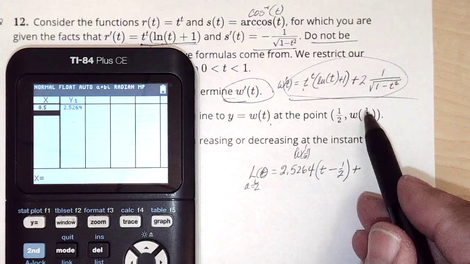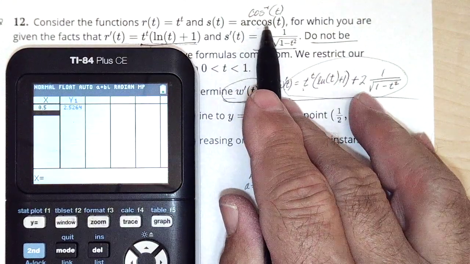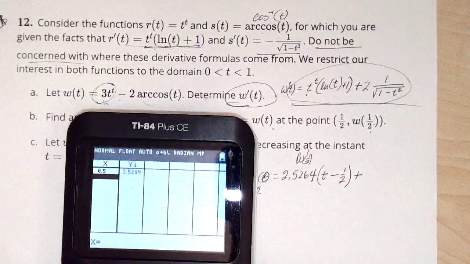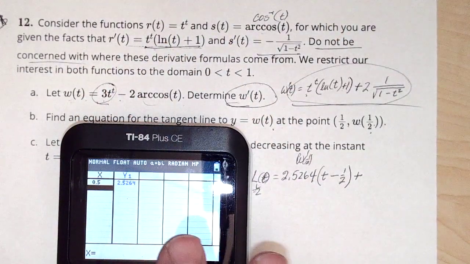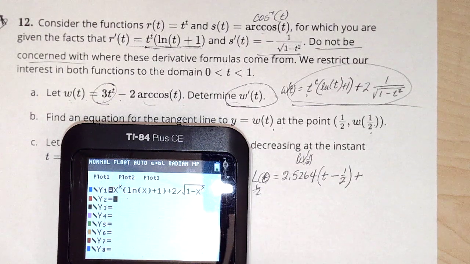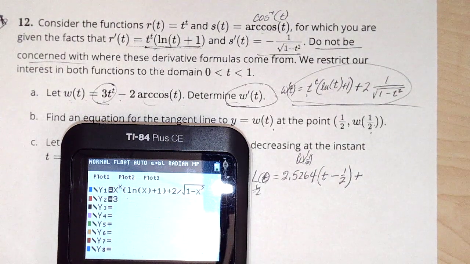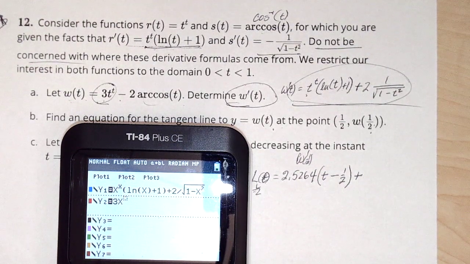So now I got to put 1/2 into the original function, which was 3t to the t, minus 2 arc cosine of t.